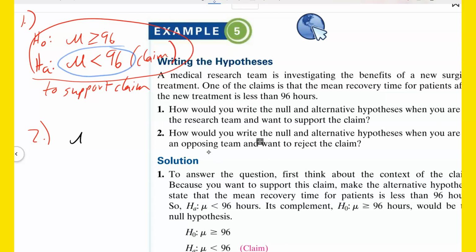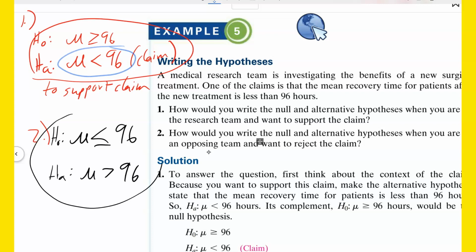You'd have to say mu, instead of just less than 96, you'd have to say mu is less than or equal to 96. Let that be H naught. And then let HA be mu is greater than 96. So you do this if you want to reject the claim, if that's what you're trying to see if it can be done.